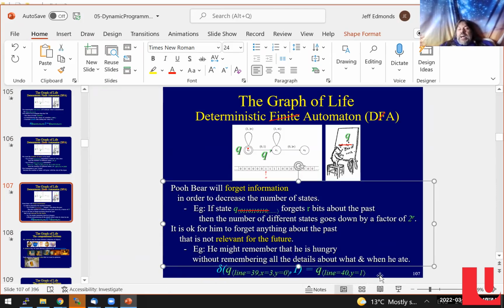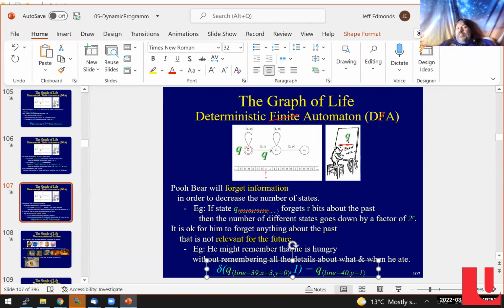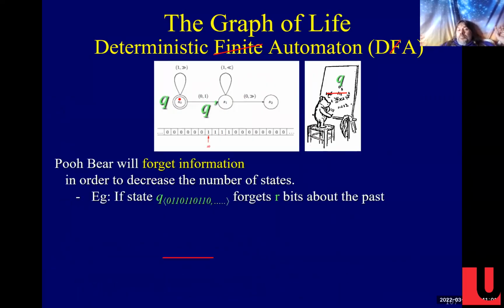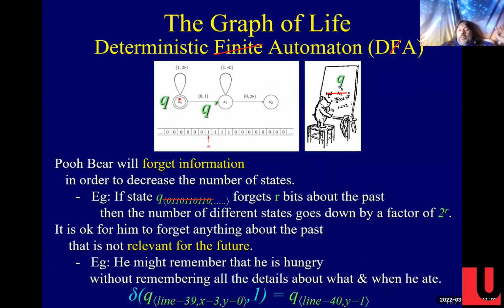I read in the value of y, and I forgot the value of x, right? So here we had a lot of states depending on which value of x there are, and here I just forgot the value of x, so that decreased the number of states. Does that make sense?